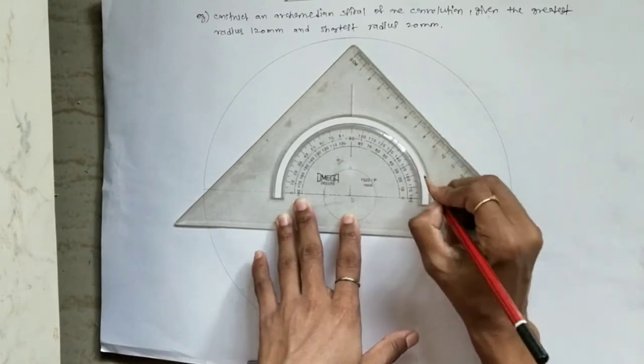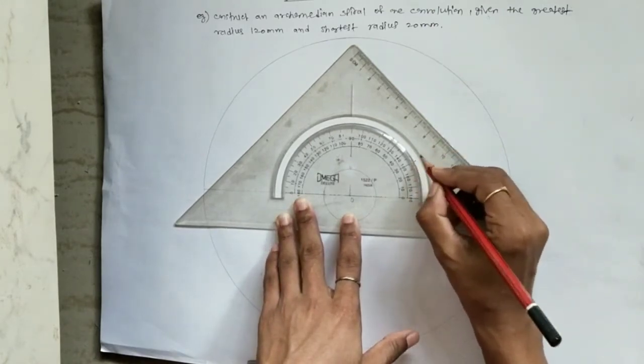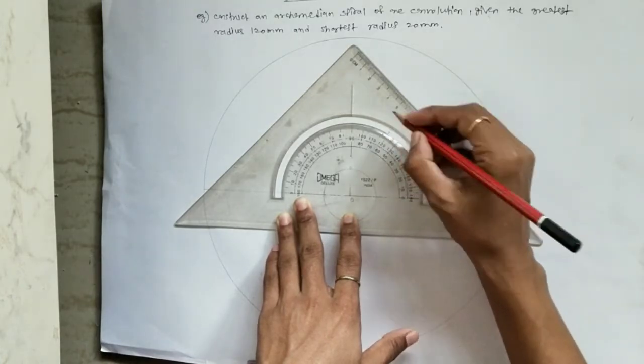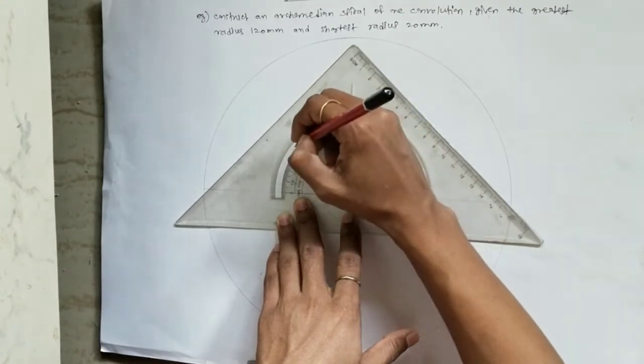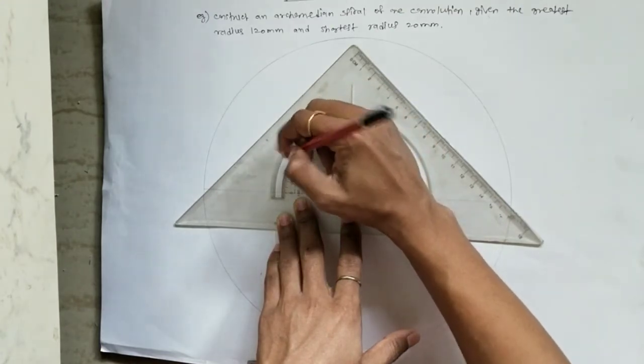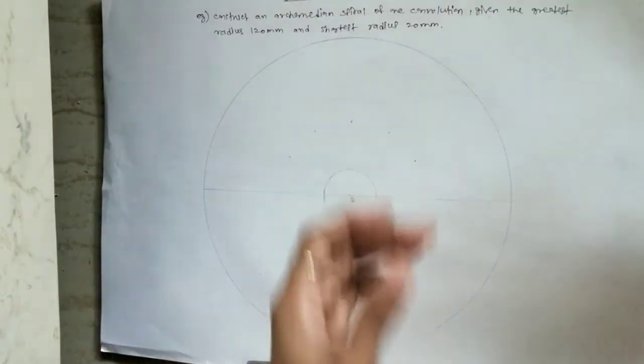So take 30-degree angle and divide this circle. So 90, 120, 150 and 180.